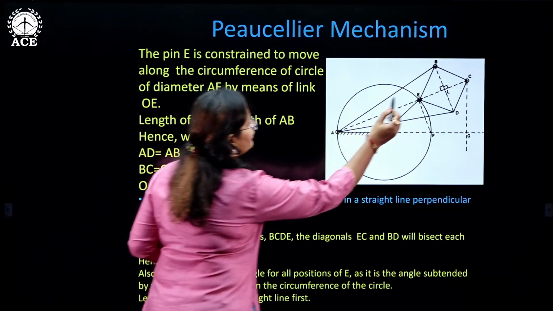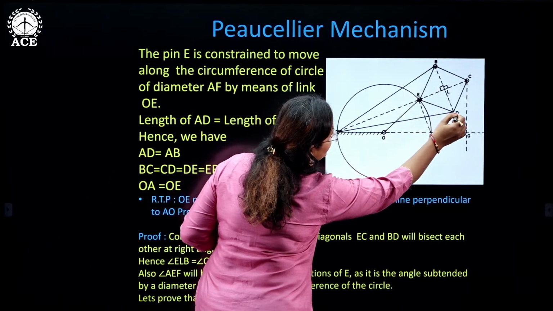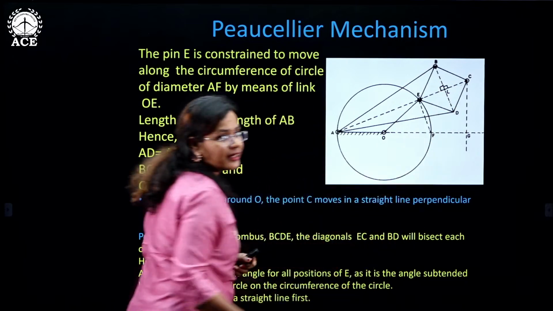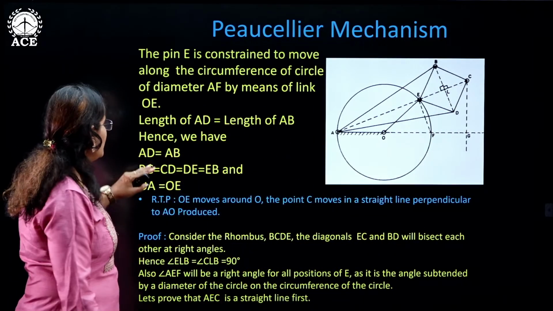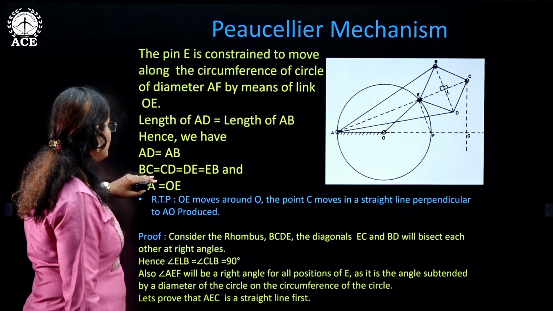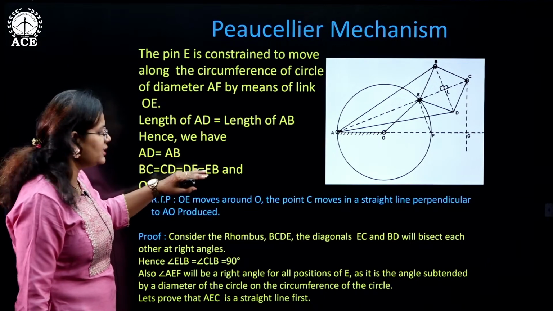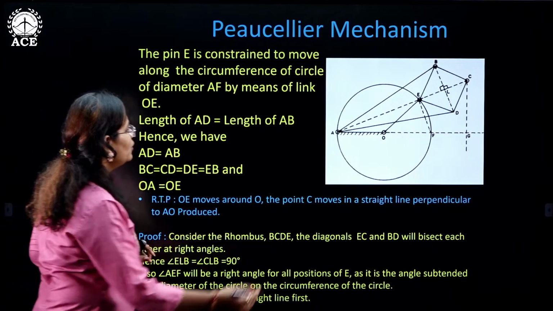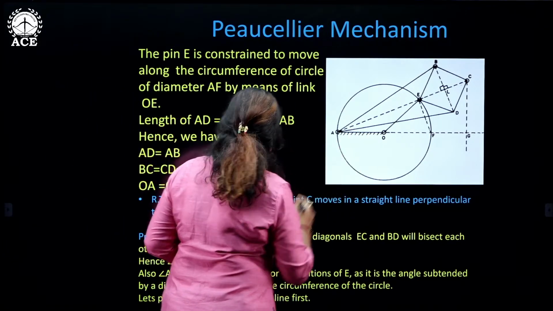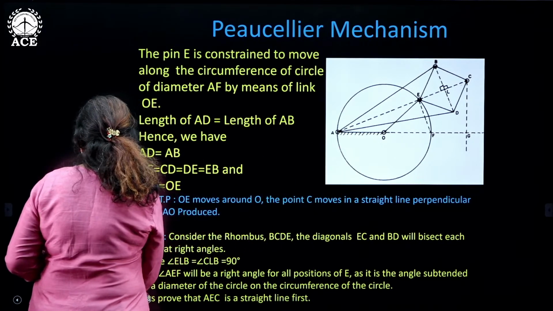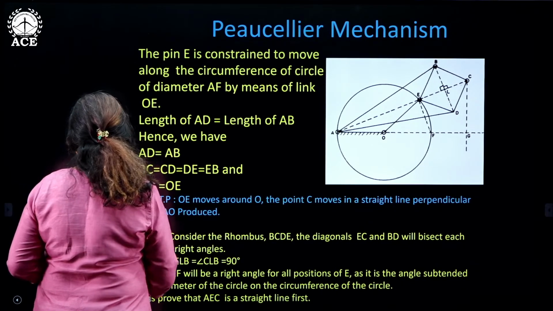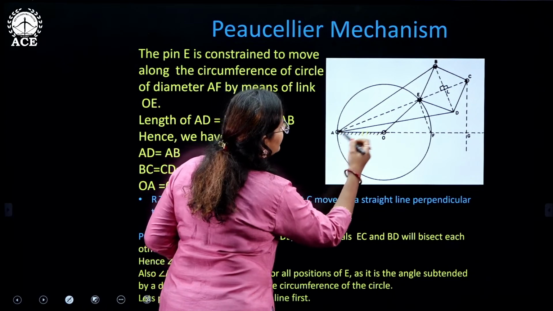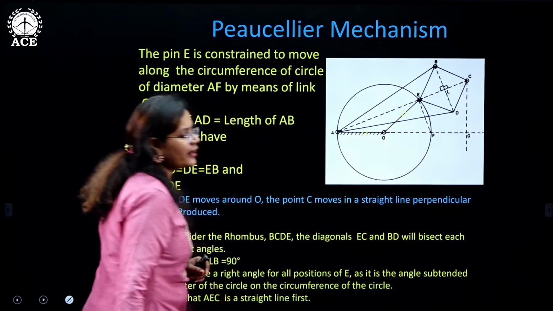Also the lengths of BE, ED, DC and BC are equal. So let us say AD is equal to AB, and BC is equal to CD is equal to DE is equal to EB. Also the lengths of this particular link and this particular link are equal.